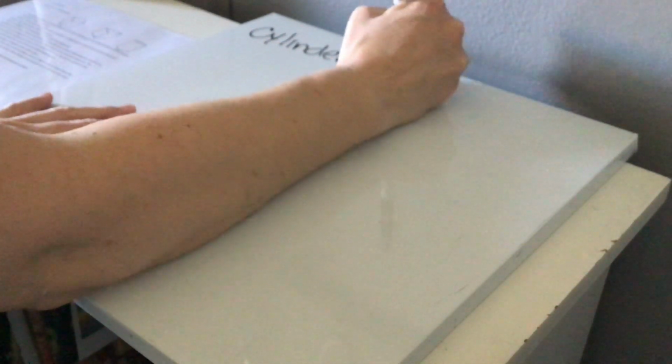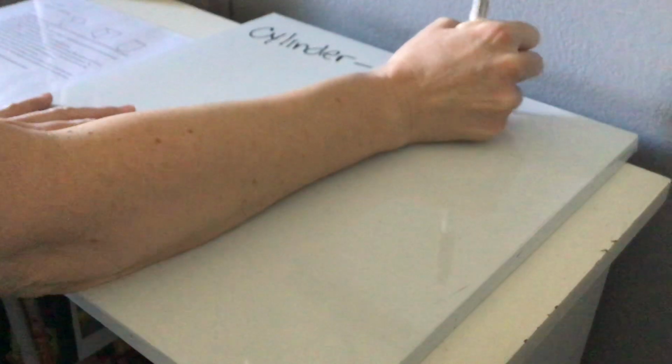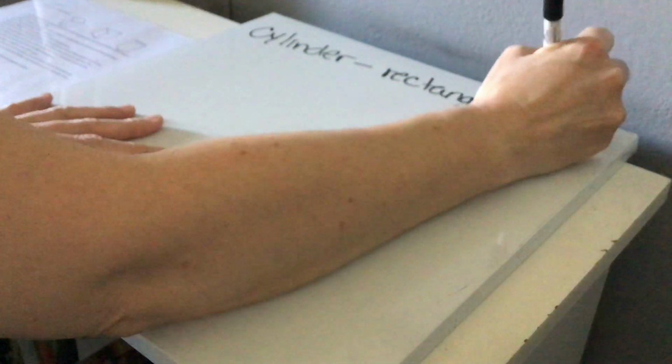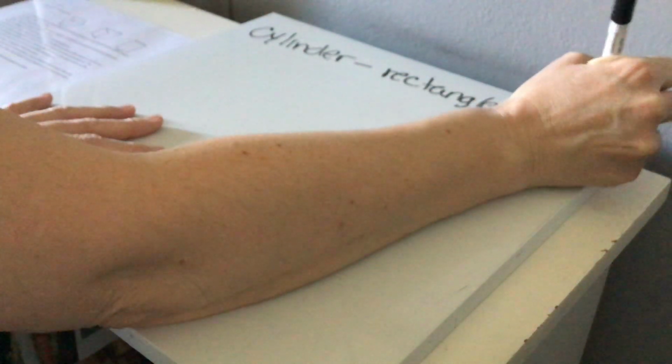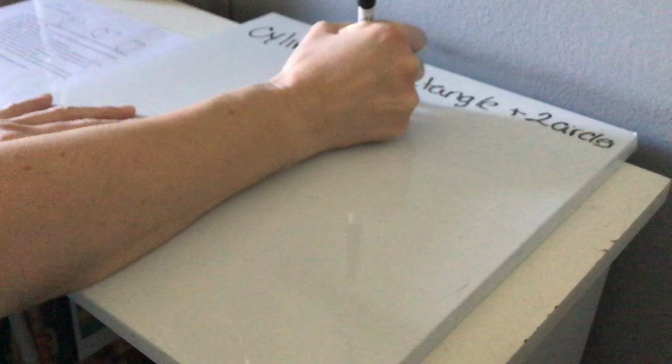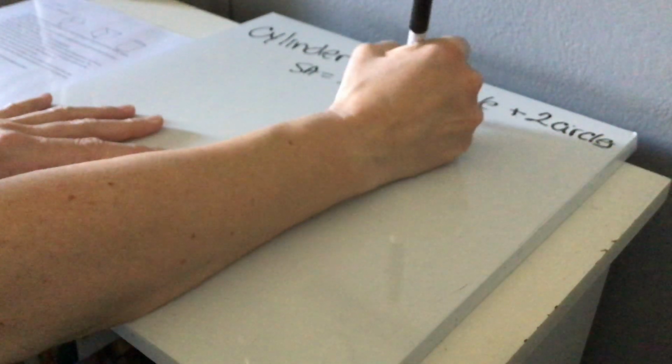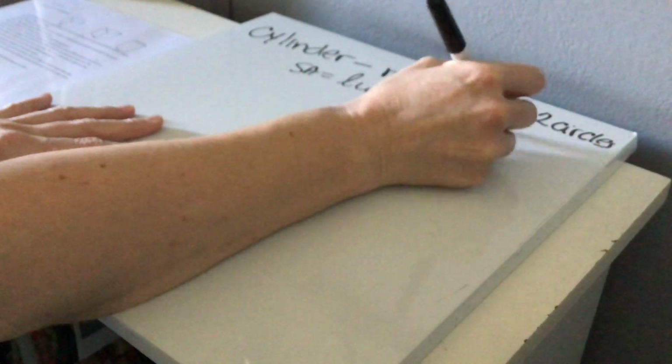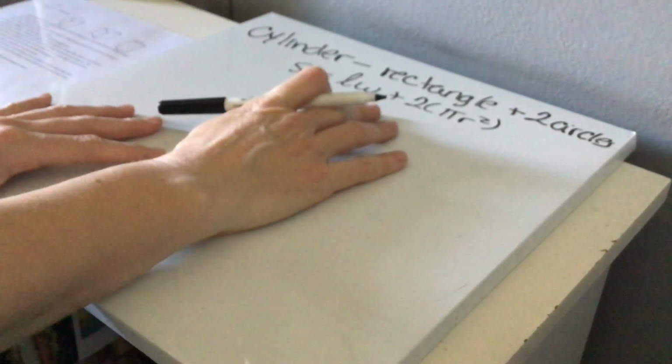A cylinder, when you unfold it, is going to be a rectangle and two circles. The area of the rectangle is length times width, and the area of a circle is pi times the radius squared, so you multiply that by 2.